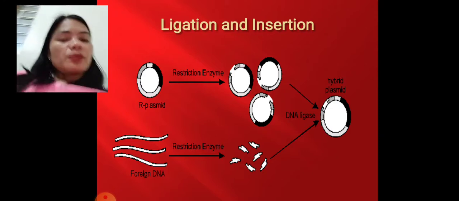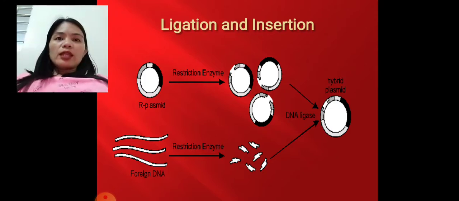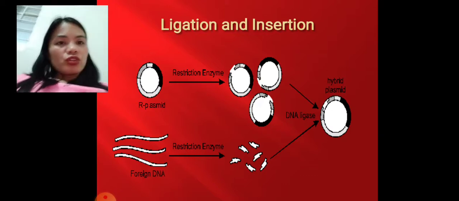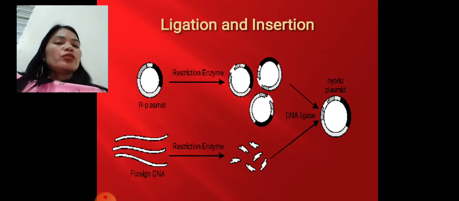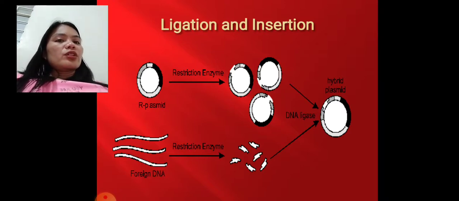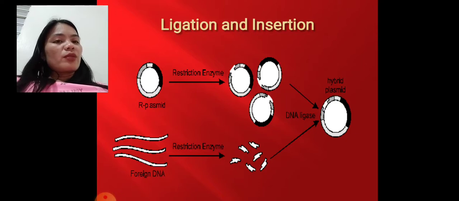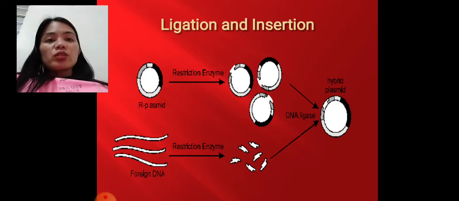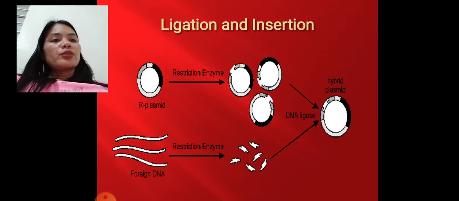So, this is the picture or diagram of DNA ligation and insertion. So, yung foreign DNA, may restriction enzyme, papasok dun sa hybrid plasmid. And then, R plasmid, restriction enzyme, papasok dun. So, ligation, insertion, magkaiba sila ng structure kasi magkaiba silang DNA, pero pagsasamahin natin sila doon sa hybrid plasmid.